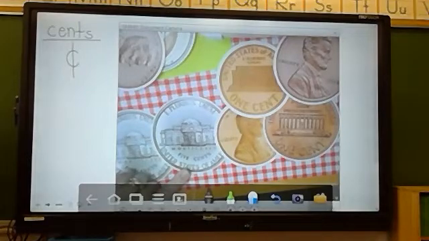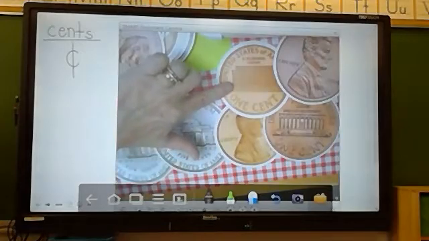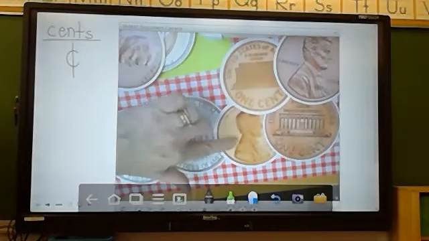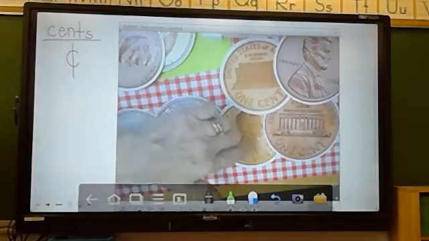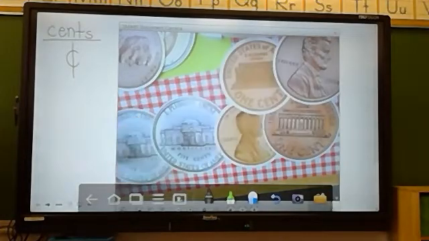You're right. The pennies are worth 1 cent, so I'm going to count on by 1. I said 5 cents, 10 cents. 1 more is 11 cents. 1 more is 12 cents. 1 more is 13 cents. And 1 more is 14 cents. So 2 nickels and 4 pennies is worth 14 cents.